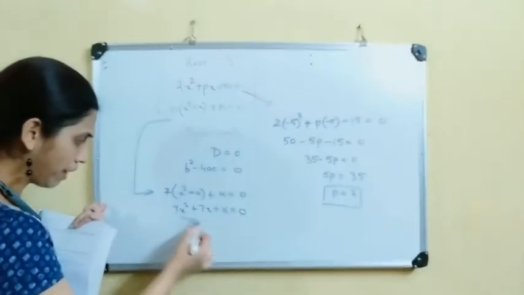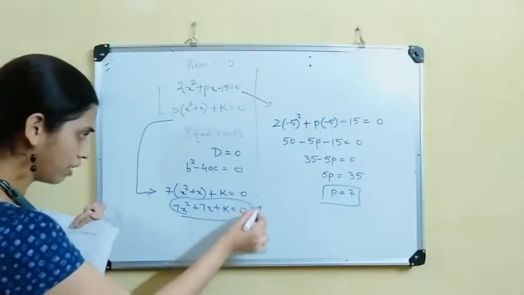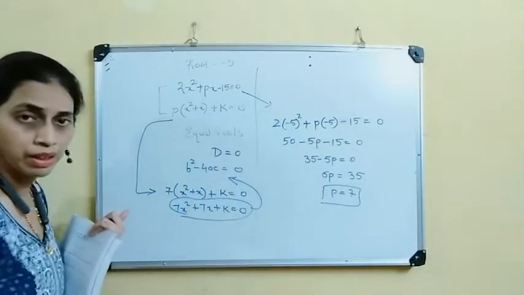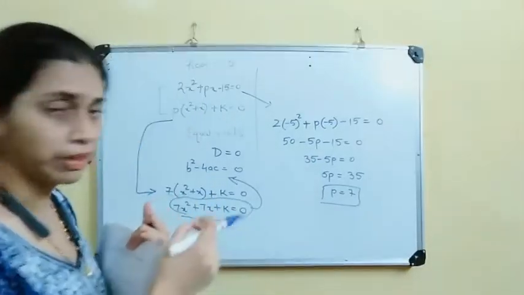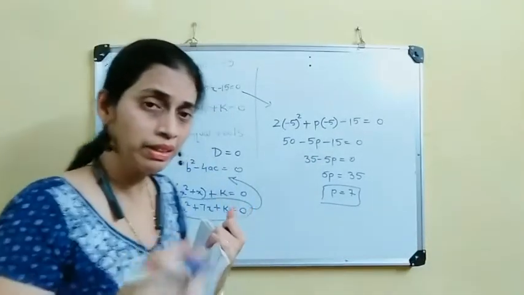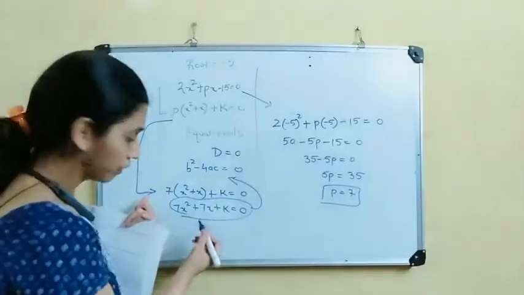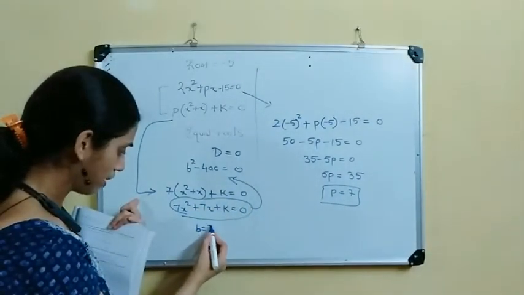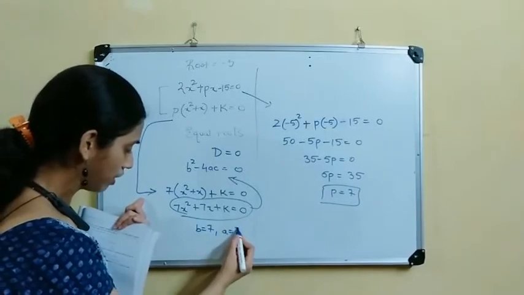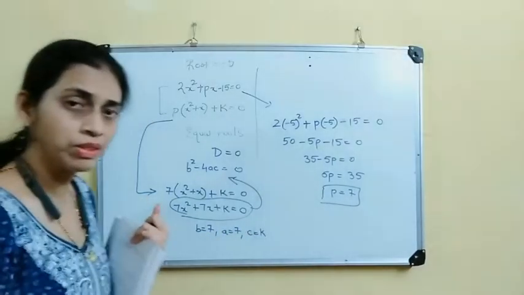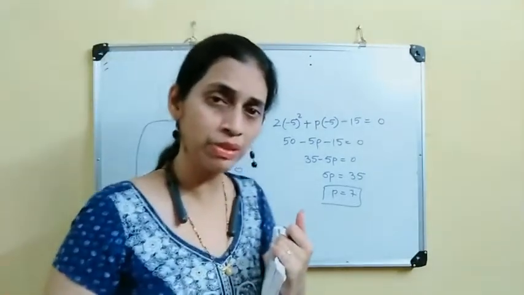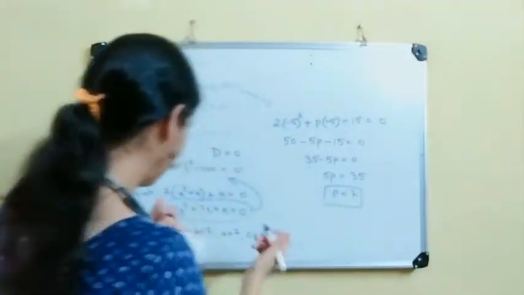So if you are comparing this equation with the basic quadratic equation, you can find out what is b, a and c. Correct? So herein the b is 7, a is again 7, c is k. So you have to check that whether b square minus 4ac is equal to 0.